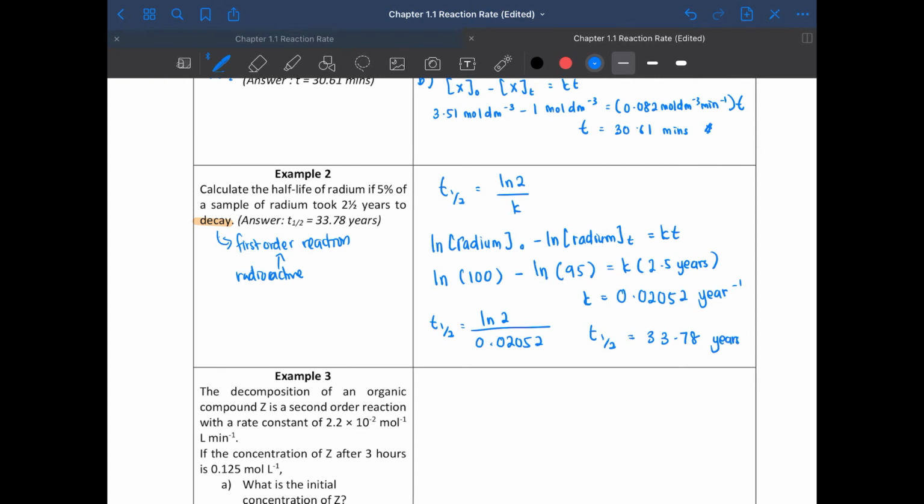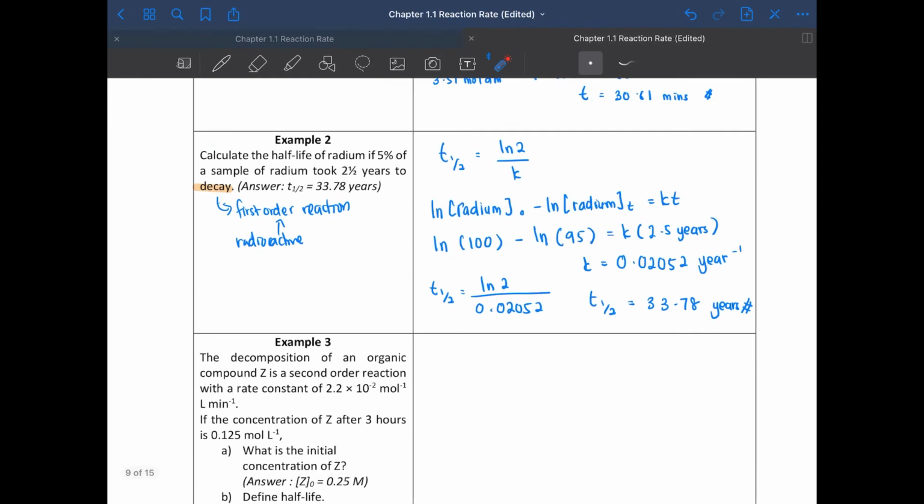So kiranya time taken for radium to decrease to half of its initial concentration adalah 33.78 tahun. So maksudnya after 33.78 years, 50% of radium dah decay. Tinggal another 50%. Alright, so that is for example 2.